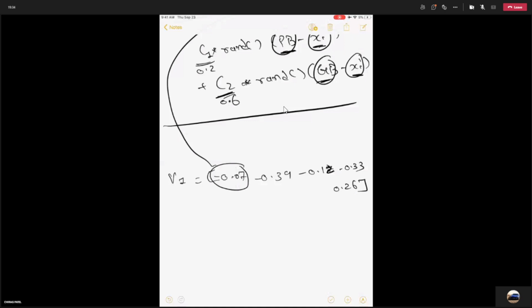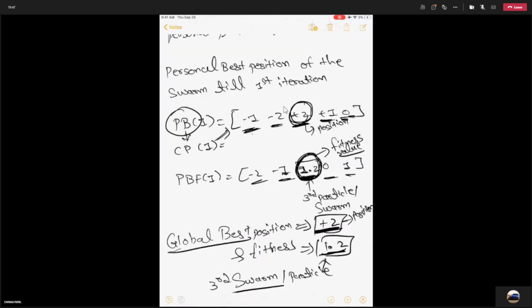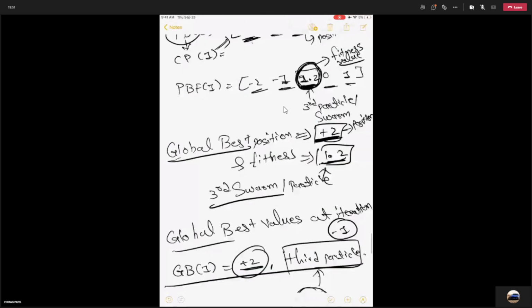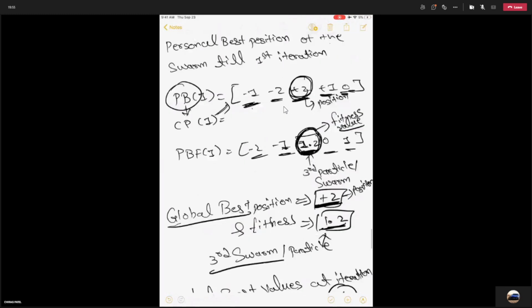So if we calculate this, 0.2 multiplied by 0.4 times personal best minus current position.